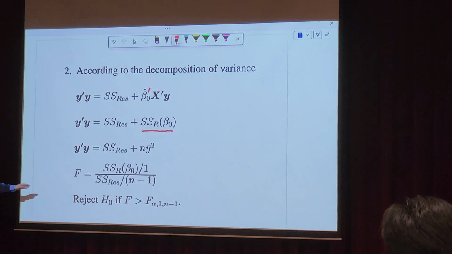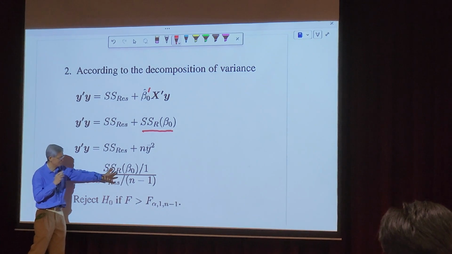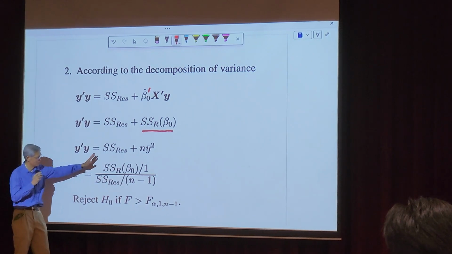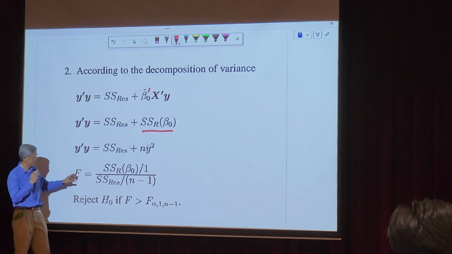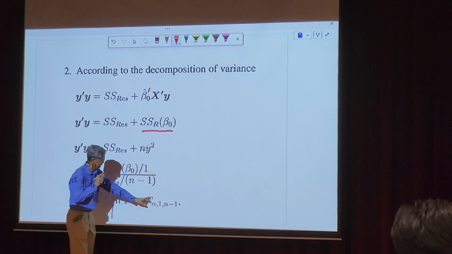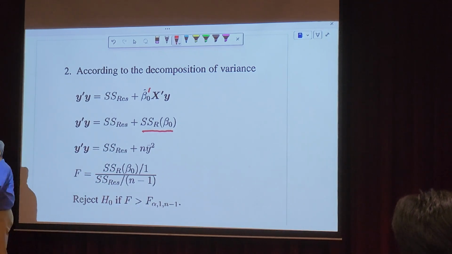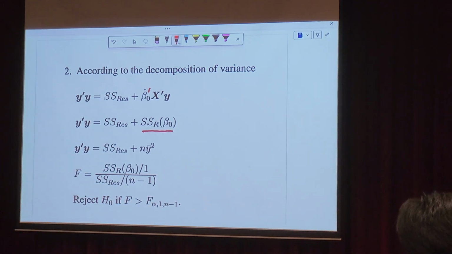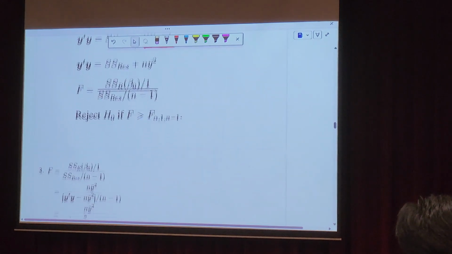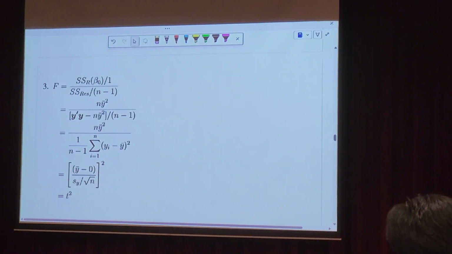So for the F test, this is a chi-square random variable, and this is chi-square. If you take the ratio, it becomes an F. You reject if your F is too large, larger than the alpha percentile. Let's simplify this.